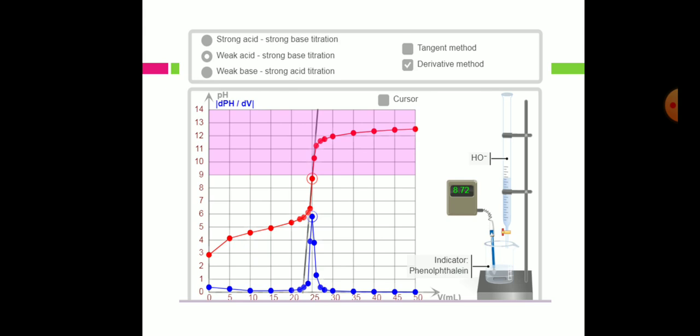The tip of that graph gives us the equivalence point, and we can see its volume corresponding to that tip on the x-axis and the pH on the y-axis.